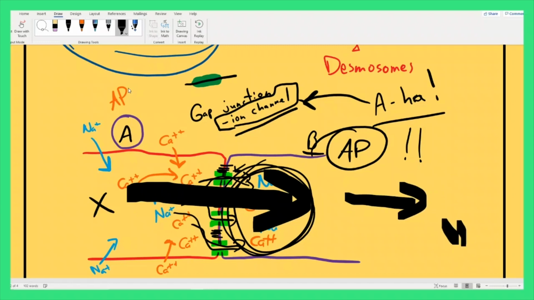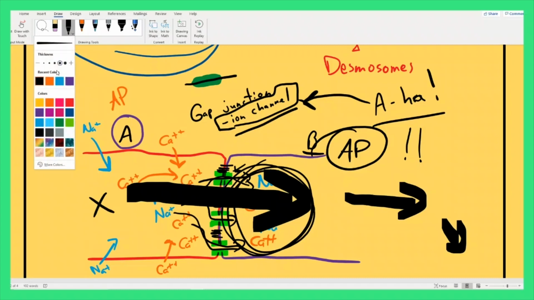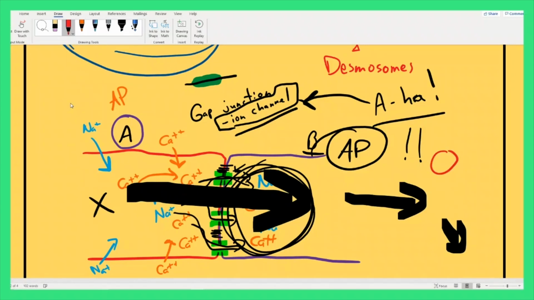And cell M have an action potential. Because I don't want you to think of this in 2 dimensions, which is the only way I can really draw it. Wouldn't this be, everybody, rotate 90 degrees, all these cells in cross-section all connected to each other by gap junctions everywhere.